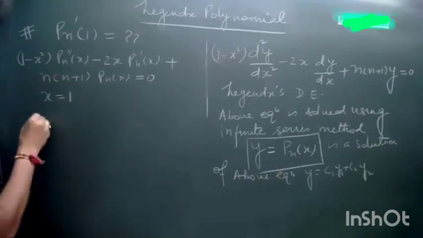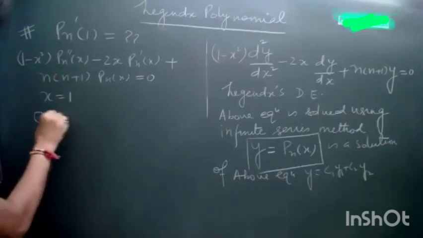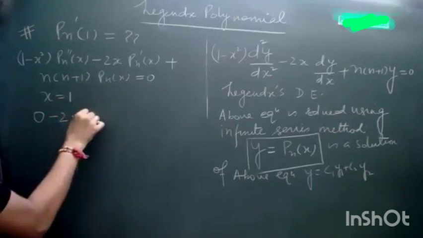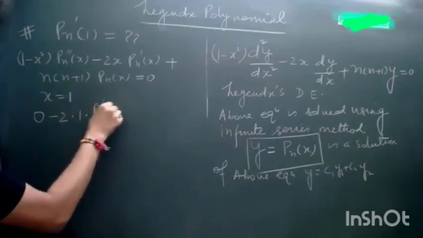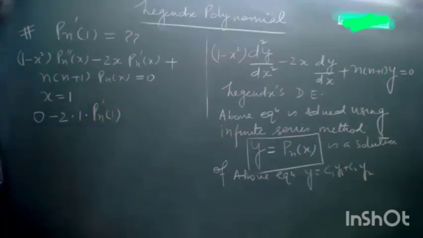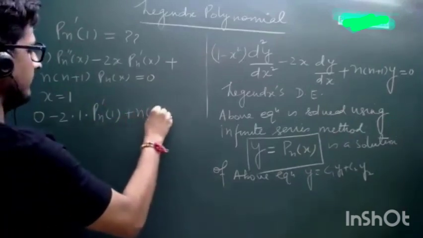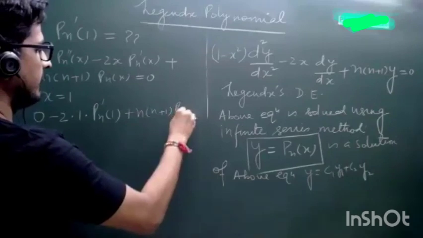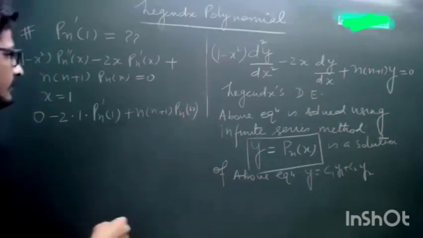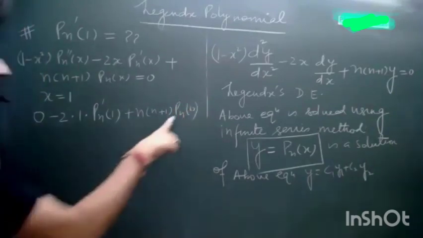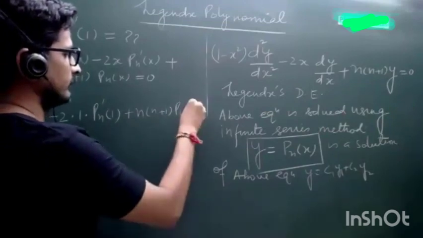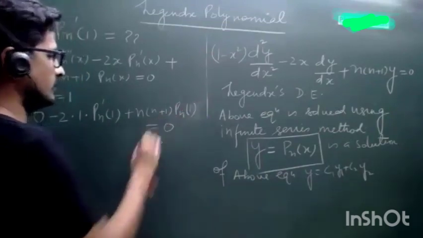The first term will become 0 and it will become minus 2 into 1 into Pn dash 1, plus n into n plus 1 Pn 1 is equal to 0.